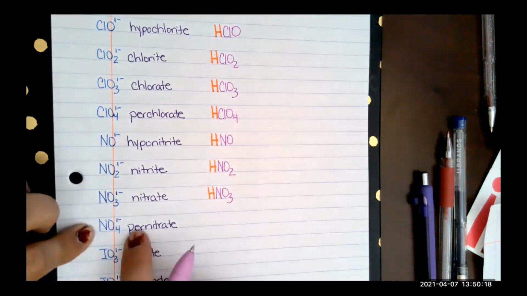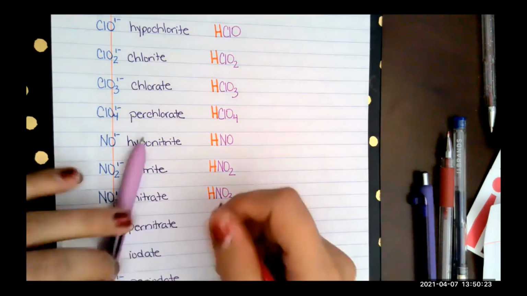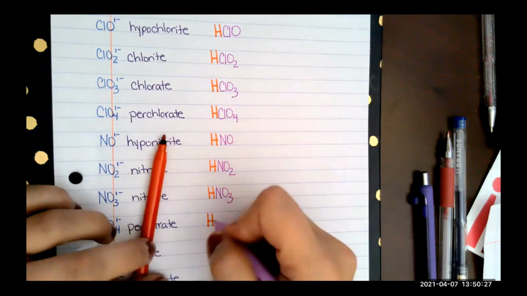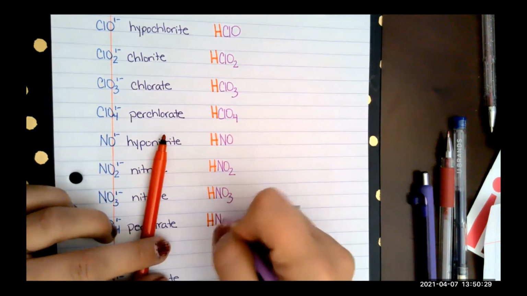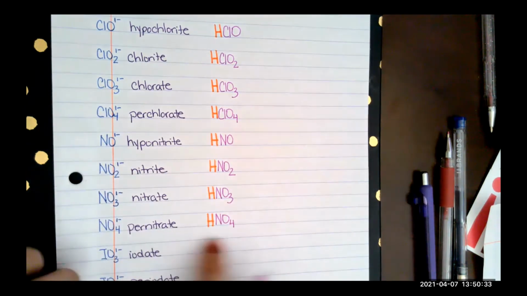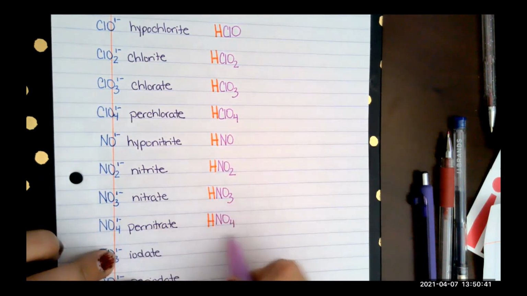For pernitrate, it's NO4 and the charge is 1 minus, so it's H, NO4. There'll never be brackets or parentheses around these, because there should never be more than one of your entire compound. So if your compound is NO4, there's one NO4.